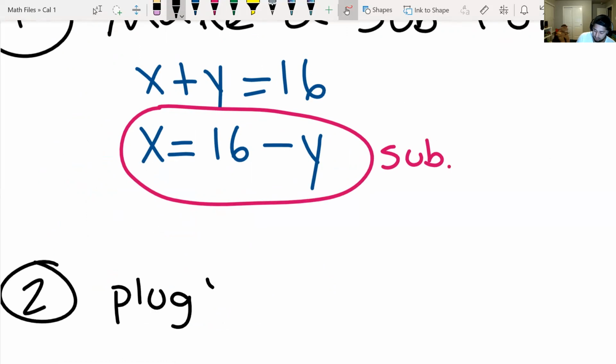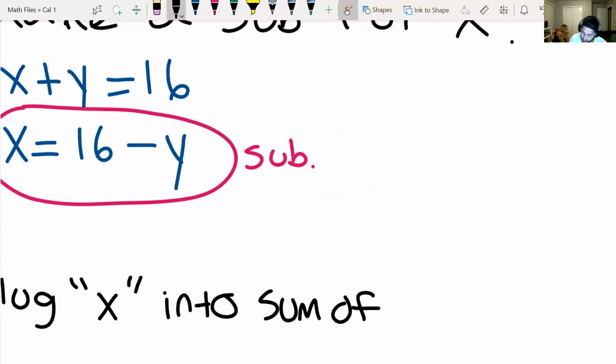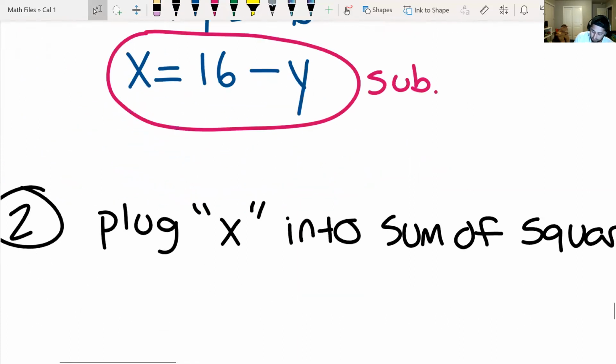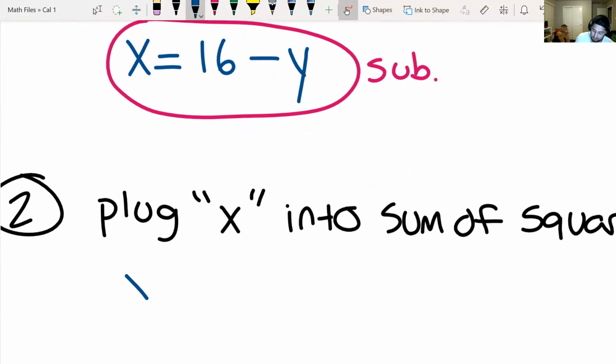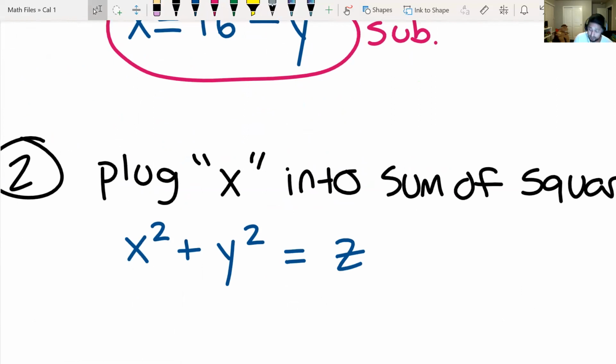Now, 2. Plug x into sum of squares. So my sum of squares above is given as x squared plus y squared equal to some number z. Now we're actually making a substitution for x this time.